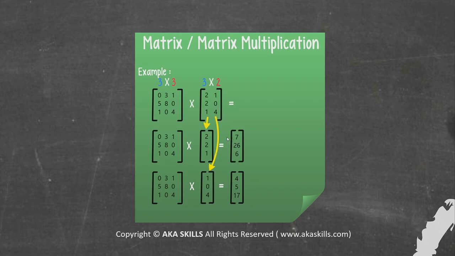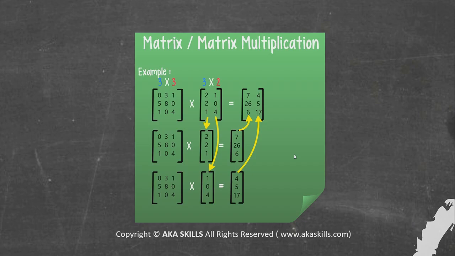We have the result for this multiplication. We have the result for this multiplication. But what's the result for the matrix to matrix multiplication? Simply just take the first result and the second result, concatenate them together in one matrix, and you have your result. That's all. I hope you understood this.